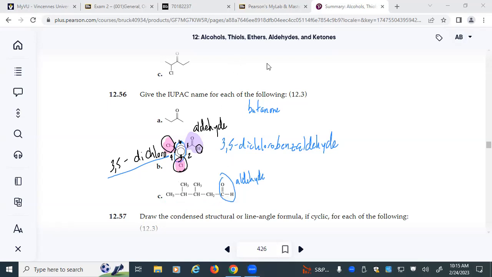That one's the easiest to follow. And so our numbering here, 1, 2, 3, 4, 5. So we have a 5-carbon chain that is an aldehyde. So we are dealing with a pentanal.